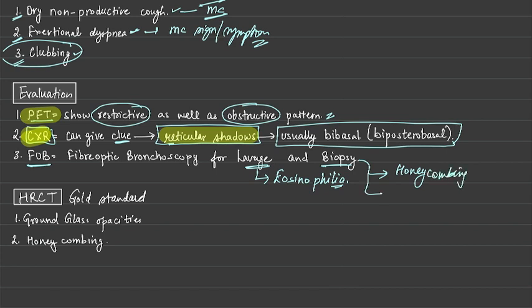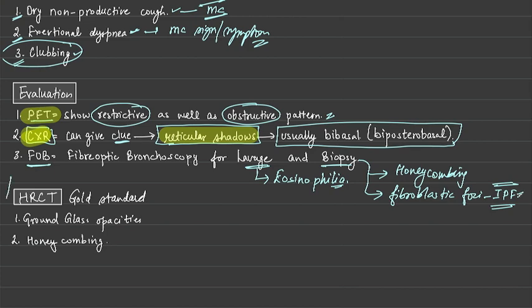We can see, for example, fibroblastic foci in case of idiopathic pulmonary fibrosis. It is one kind of IIP, that is IPF.